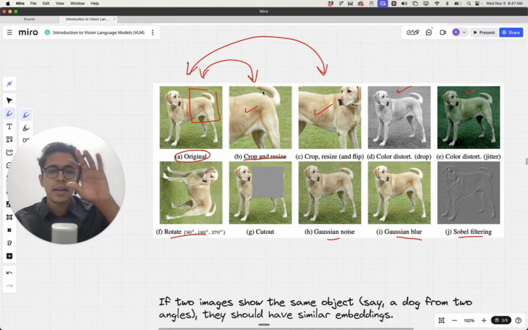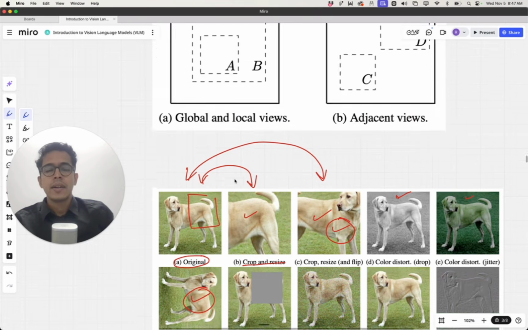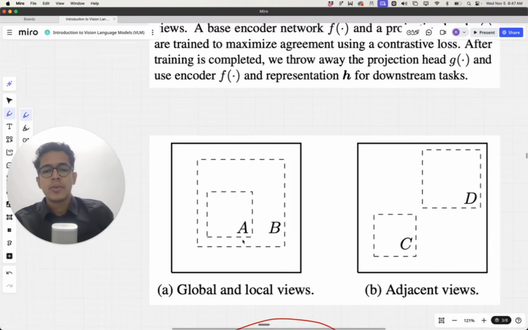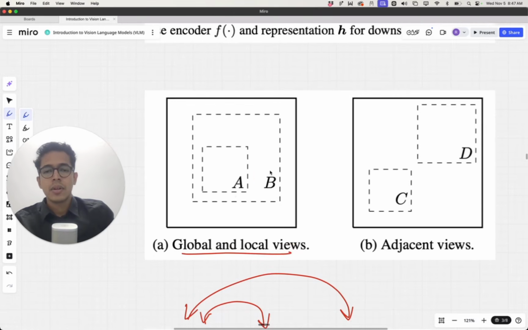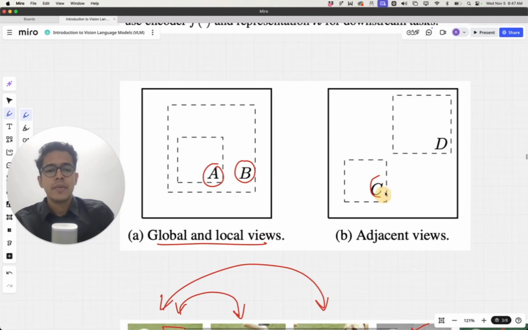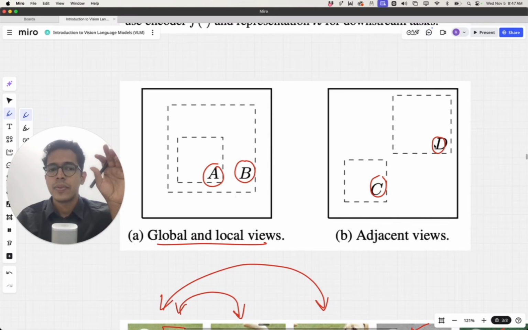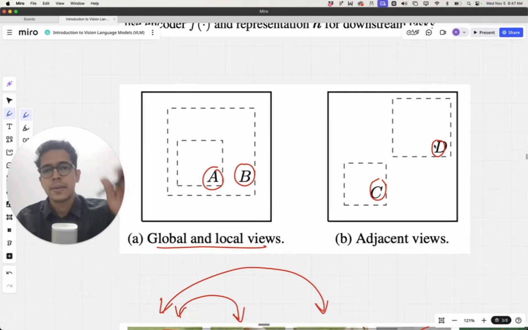This is zoomed in and a little bit to the side. This is a flipped view, and this is a rotated view, right? They are discussing two types of views, global and local views, and adjacent views, where essentially you are looking at two different parts of the same image that are adjacent.